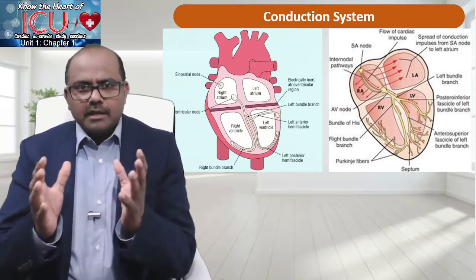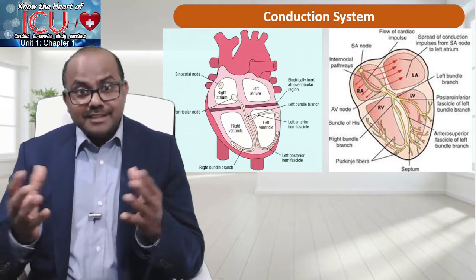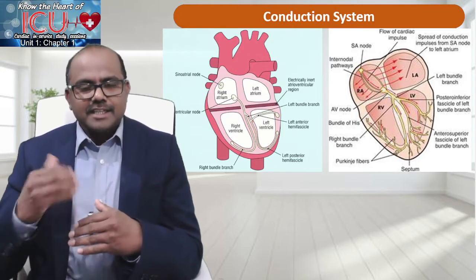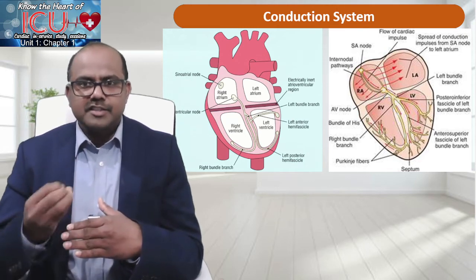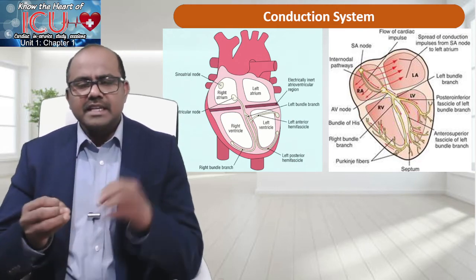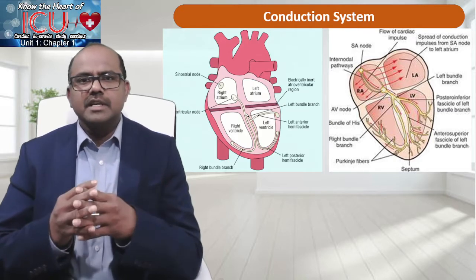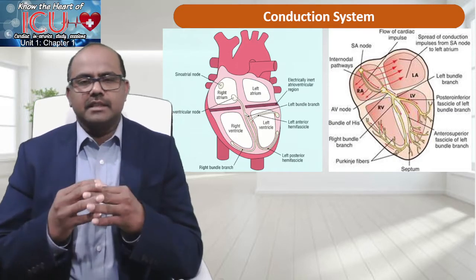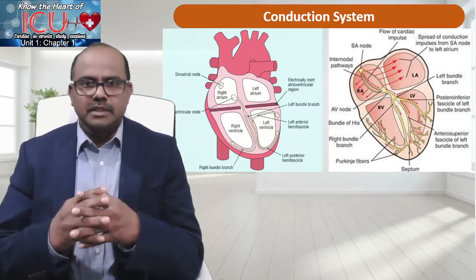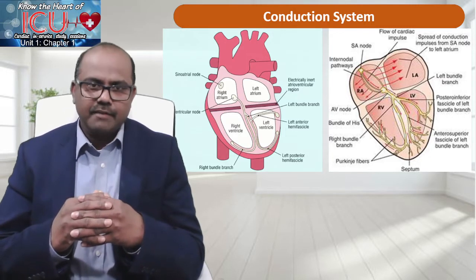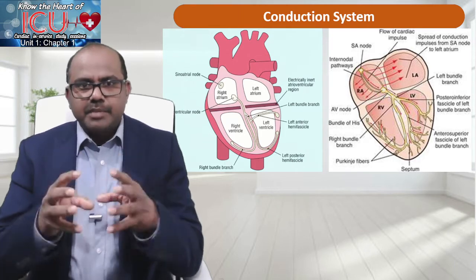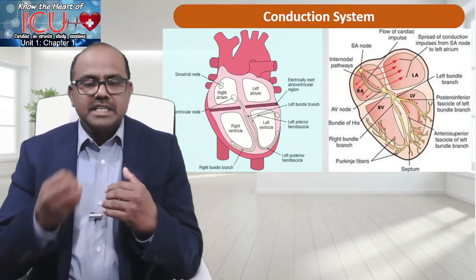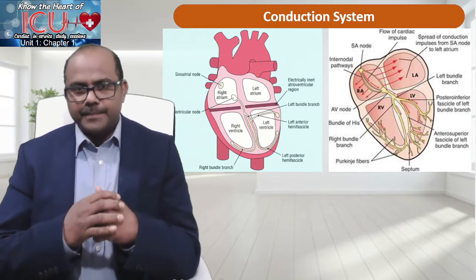In a normal scenario, in a normal ECG, the electrical impulses are produced by the sinoatrial node. That's a little group of tissue that lies just below your superior vena cava. This SA node produces impulses, and those impulses need to be taken to the muscles.